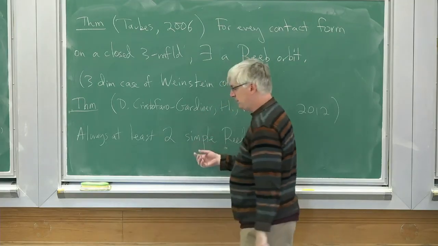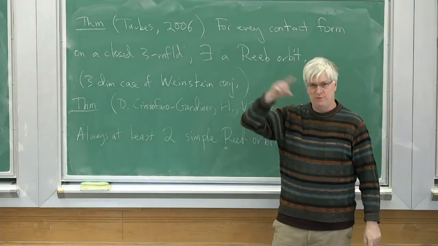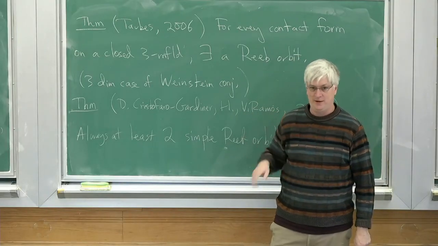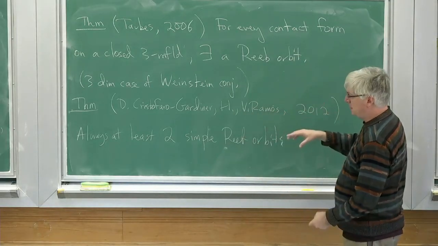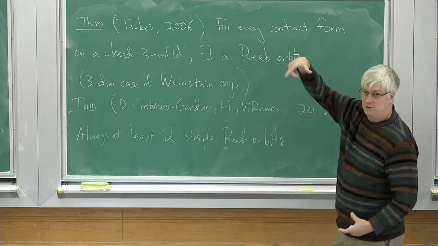I'm putting simple here because for any Reeb orbit, there are infinitely many multiple covers of it, and I don't care about that. But there are at least two Reeb orbits which are different loops in the three-manifold.